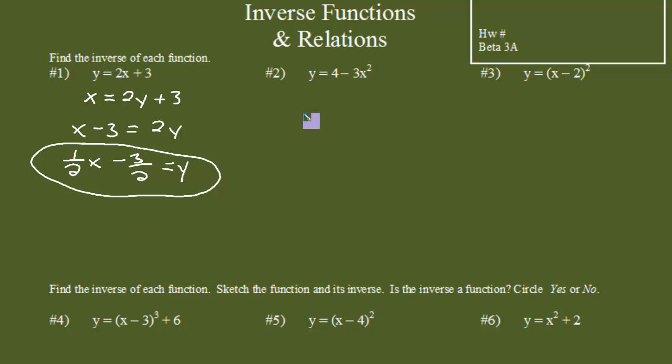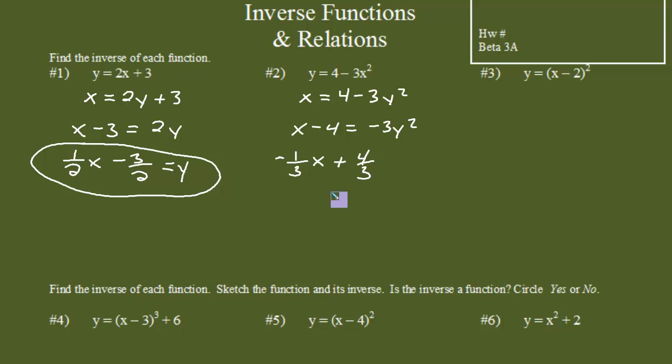Number two, if you do the same thing, if you interchange your x and your y, and then get y by itself. I'm going to subtract 4 from both sides. I'm going to divide each term by -3. Gives me negative 1/3 x plus 4/3.